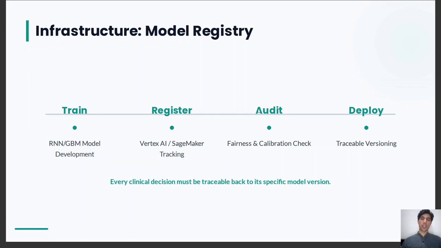Then comes the auditing phase, where we check our model for fairness and calibration. Then we deploy our model in production with traceable versioning. Every clinical decision must be traceable back to its specific model version, because we need to hold every model accountable. Every prediction must be logged and traceable back to its specific model version.